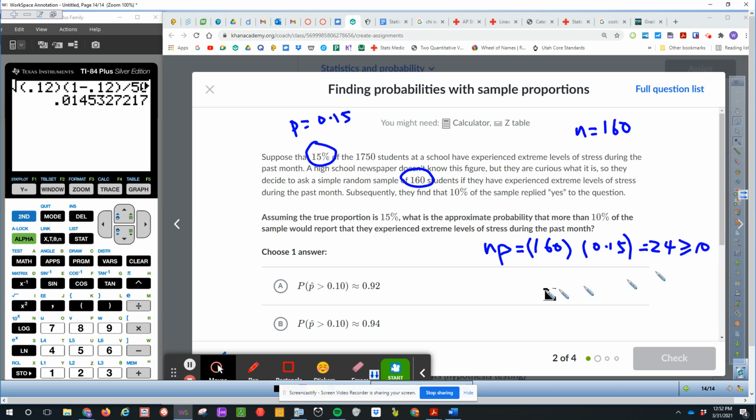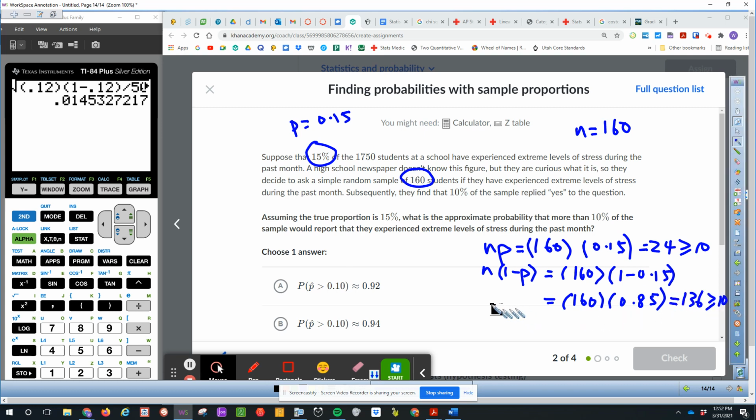Okay, so that is greater or equal to 10, and we need to take n times 1 minus p, which is 160 times 1 minus 0.15. 1 minus 0.15 is 0.85. So we need to take 160 times 0.85, and that gives us 136.